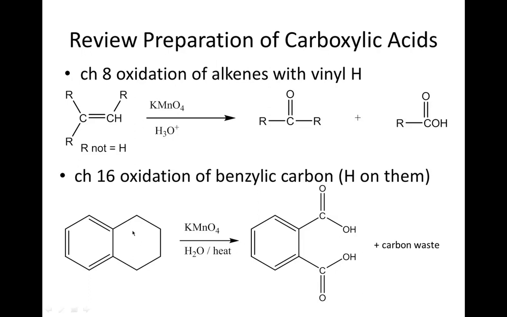Now in this particular example, I have two benzylic position carbons, and so everything gets oxidized away except for those two carbons. The benzylic position carbons directly attached to the ring stay, and everything else goes. And so we can make the dicarboxylic acid out of that, and the rest of the carbons are lost.